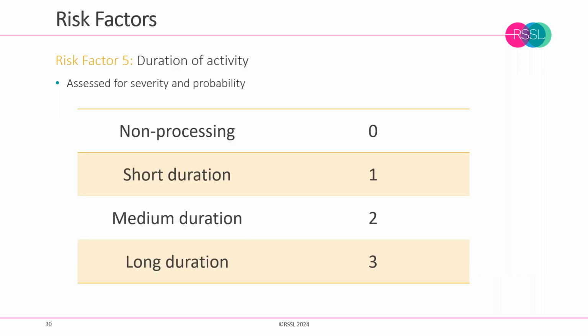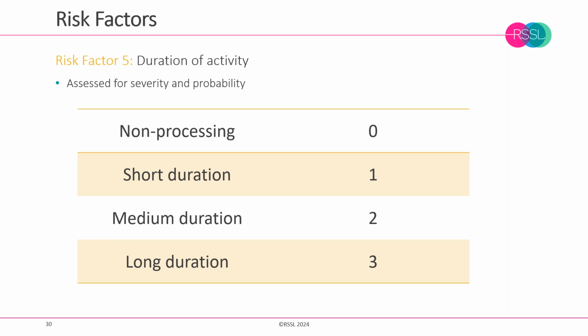The fifth risk factor examined is the duration of activity. This is on the assumption that the longer a process takes, the greater the likelihood that something could go wrong or a chance contamination event could occur. So here we've got definitions of long, medium and short duration.